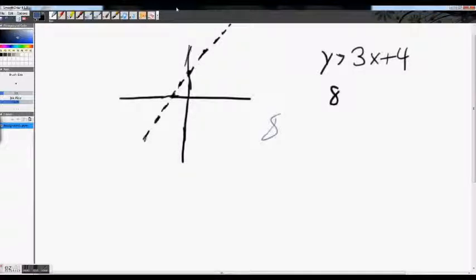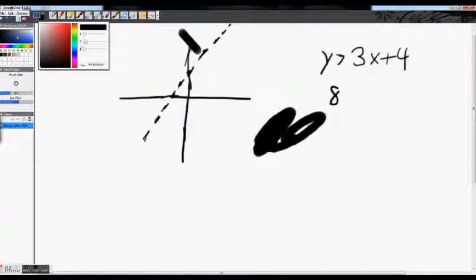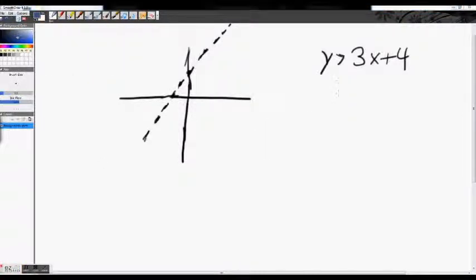Okay, the other line is 8 is greater than 2x minus 5y. I believe that's what it was. In any case, it doesn't matter that much.